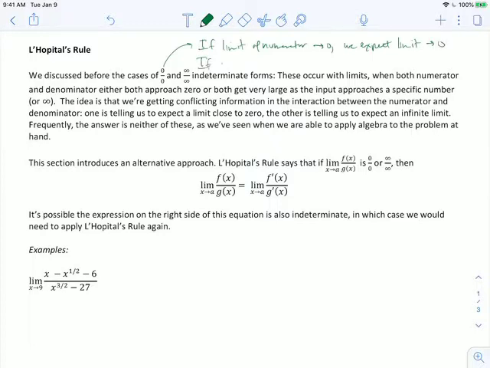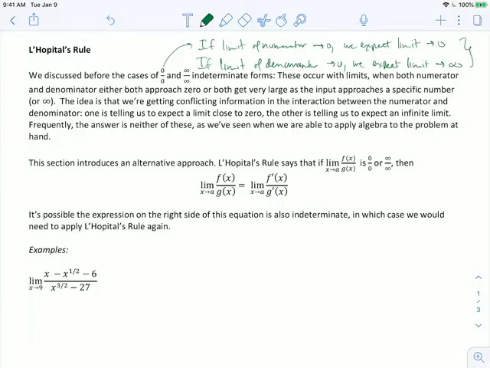But if the limit of the denominator is going to 0, well, dividing by a tinier and tinier number makes us think that the value of the fraction should be getting very, very large. And so we've got this conflicting information between the numerator and the denominator.